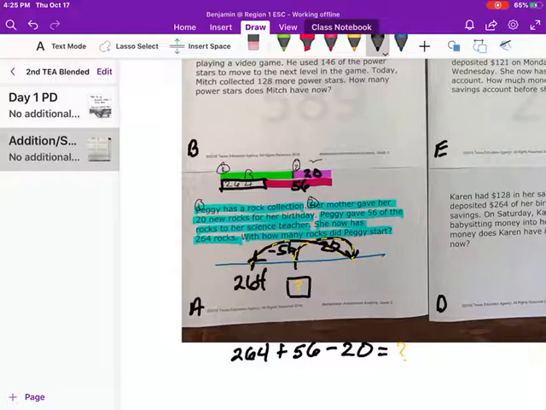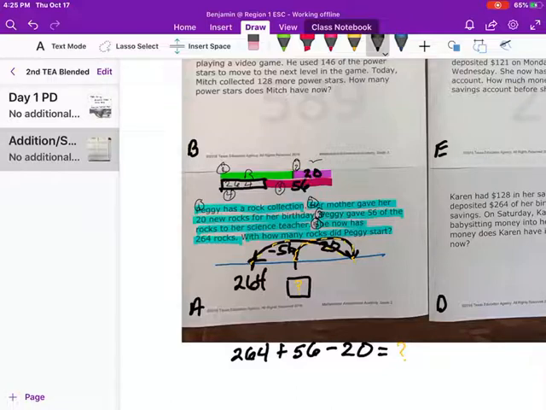And then my third sentence, Peggy gave 56, is this part here. And then my fourth sentence, what she now has, is this section here. Labeling each part of my model according to what each sentence says is very important.